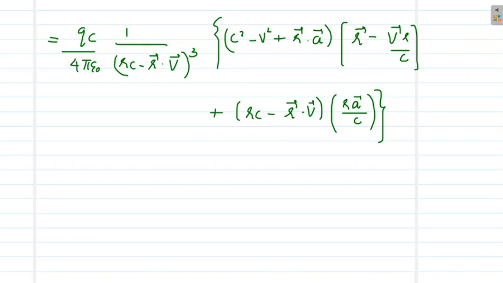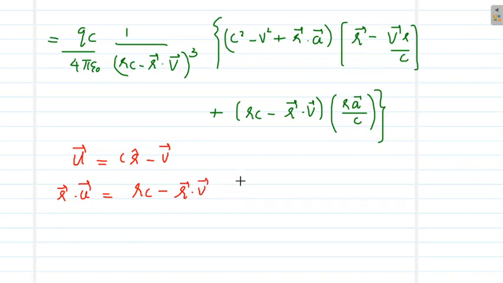Now we are going to make a substitution given by vector u bar is equal to c r cap minus v bar. So then what will be r bar dot u bar? It will be r cap dot u bar, so it will be rc minus r bar dot v bar.